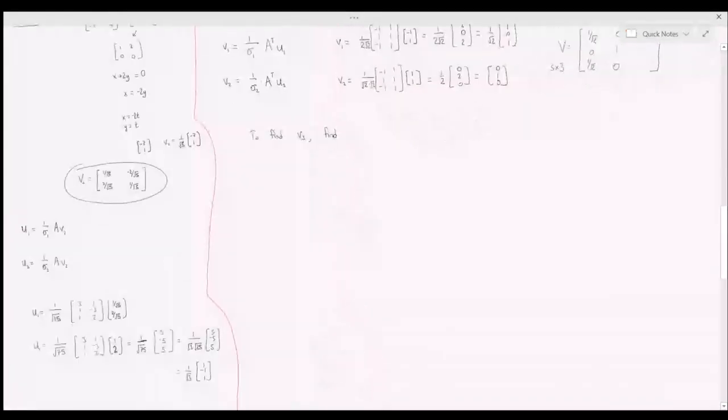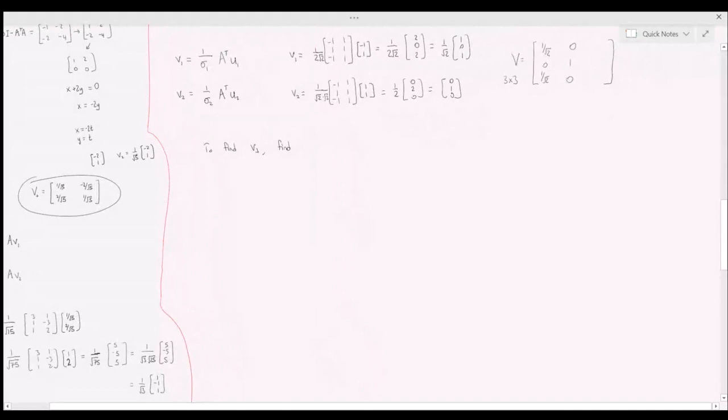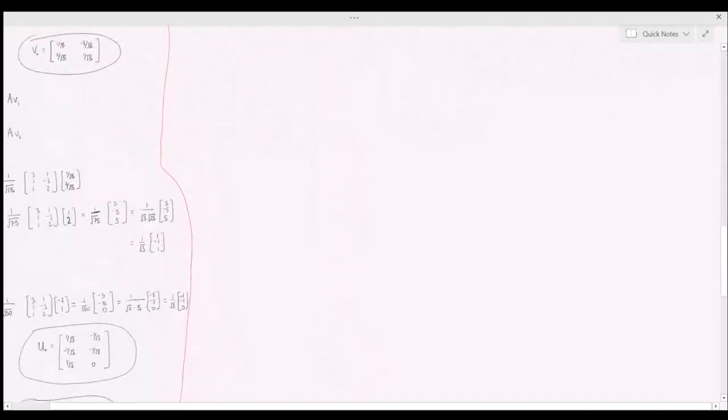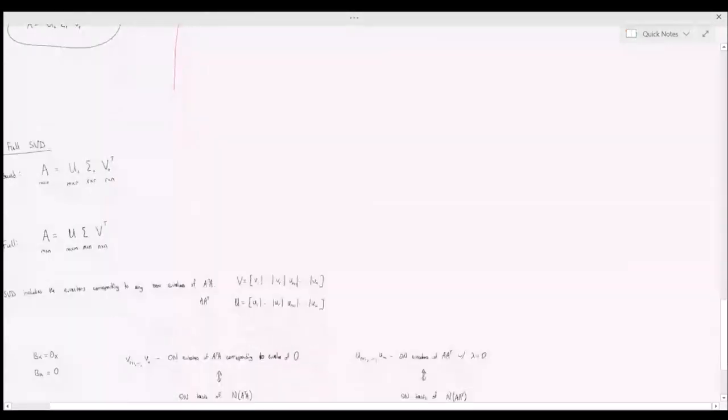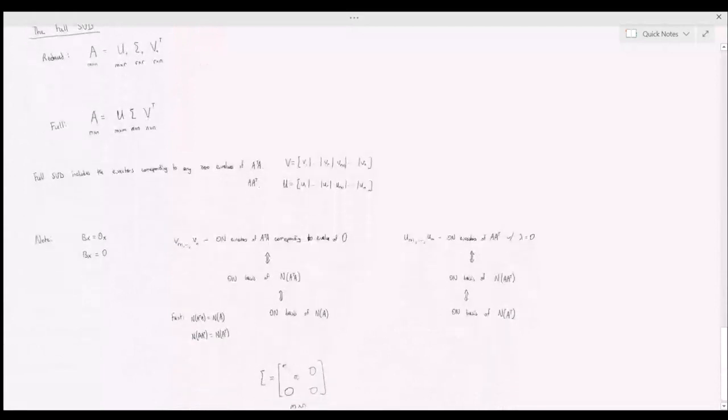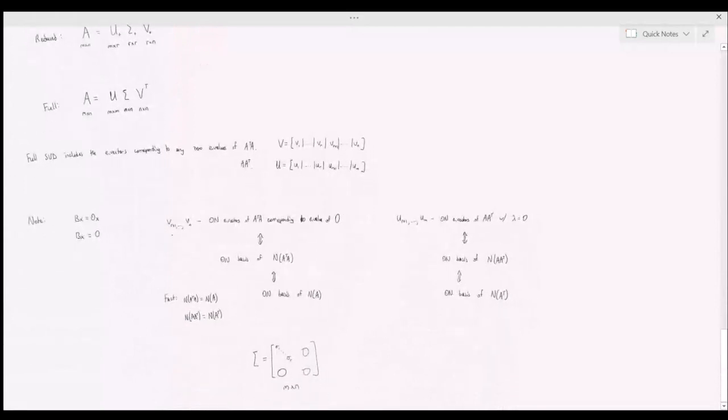So I'm going to scroll down a little bit first. All right, so if I need to find some more vectors for V, what I can do is find an orthonormal basis for the null space of A. So that's what I'm going to do, all right?